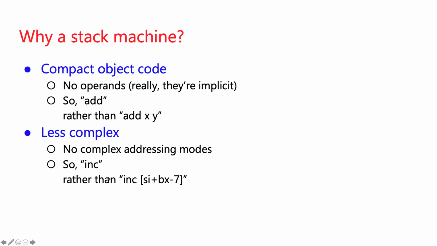So having to put things on the stack, compute with them, and then leave results on the stack effectively breaks complex instructions like add what thing to what thing, or increment something at this location in memory, into multiple smaller instructions.